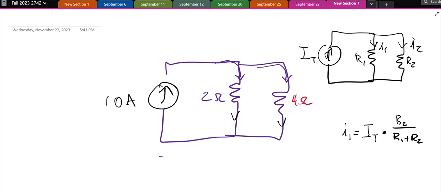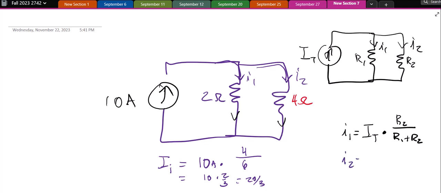If this is I1 and this is I2, I1 will equal my total current, 10 amps, times the other resistor, 4, over the sum of the resistances, 6, or 10 times 2/3, or 20/3. Similarly, I2 would equal I total times R1 over the sum of them.